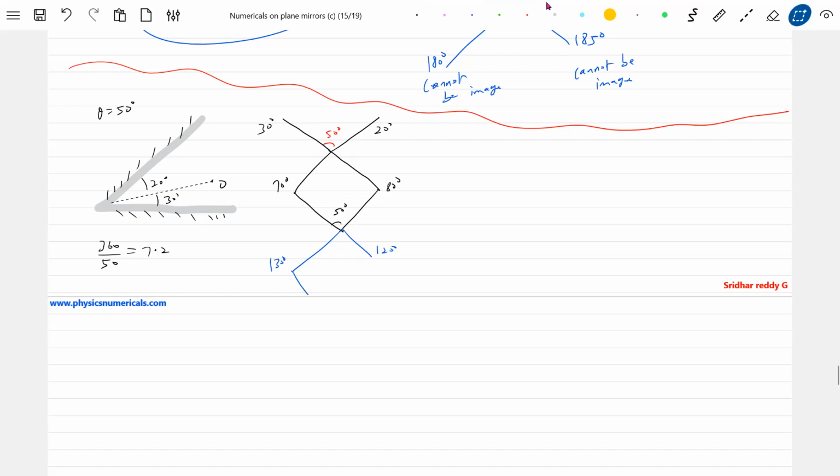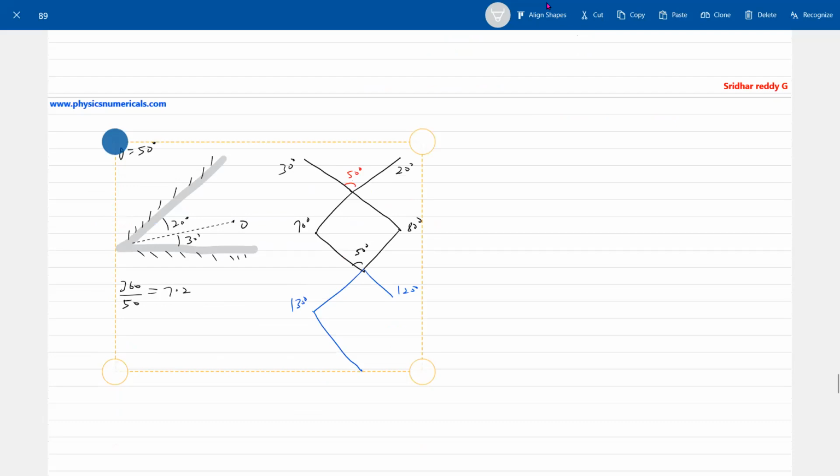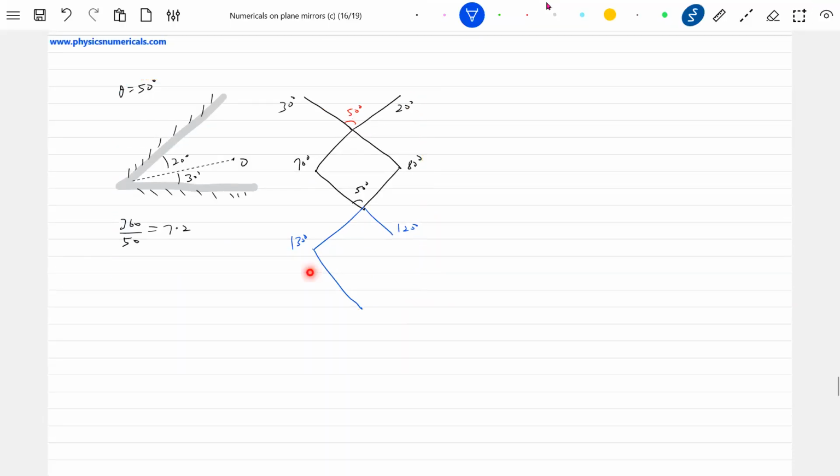Okay, we'll carry on here. So this is 50 degrees. See now, 130 plus 50 will be 180. This will be 170.